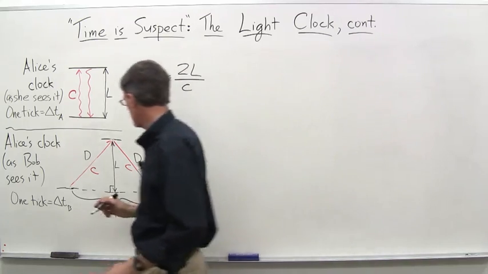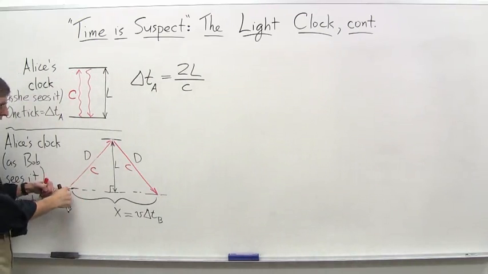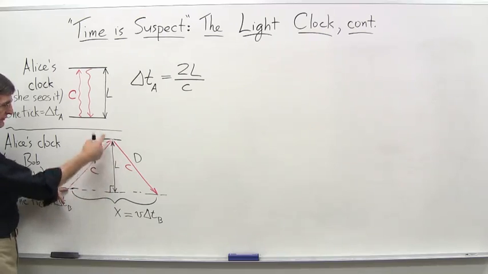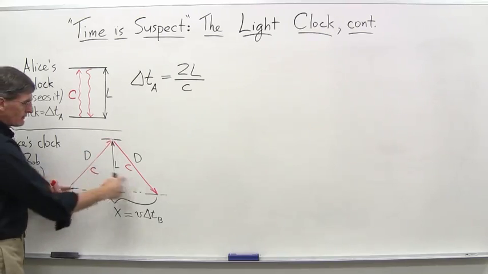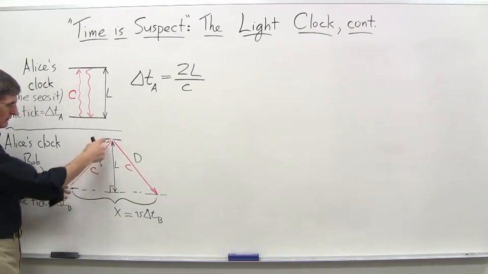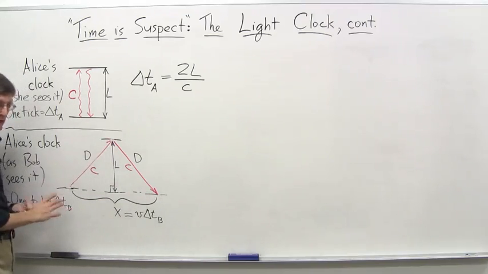But what can we see here? Well, here's the path of the light beam, bottom mirror up to the top mirror, back down again, that vertical distance L. We'll call this path length D. D up to the top, D back down. By symmetry, this length and this length are the same because it's a constant velocity motion as it goes along.